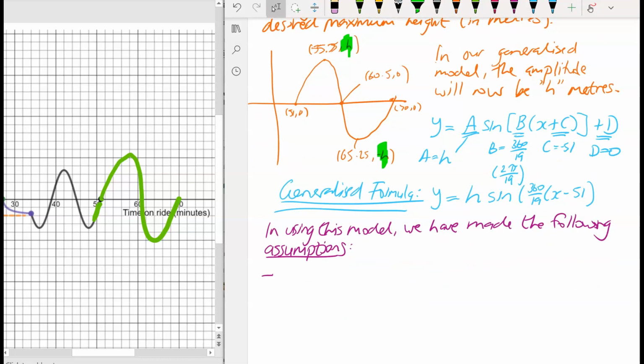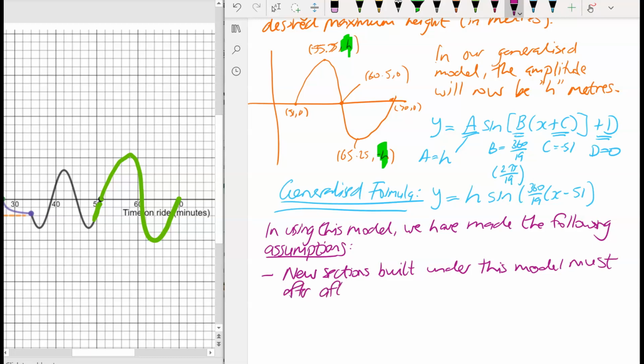So the first assumption is that new sections built under this model must start after 51 minutes and be on the ground level.